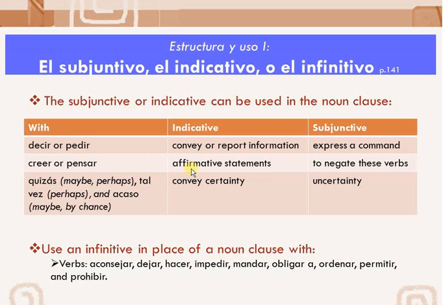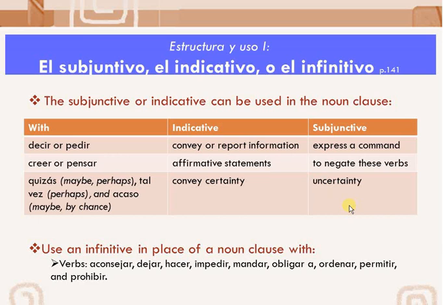Remember we saw before, whenever you have the verbs creer or pensar in the affirmative form, you need to use the indicative. You cannot use the subjunctive. But if they are in the negative form, you need to use the subjunctive. Also, when you have words like quizás, tal vez, and acaso, and they convey certainty, you need to use the indicative.